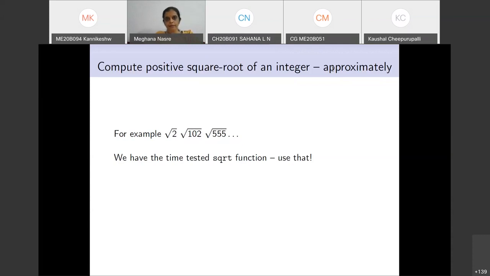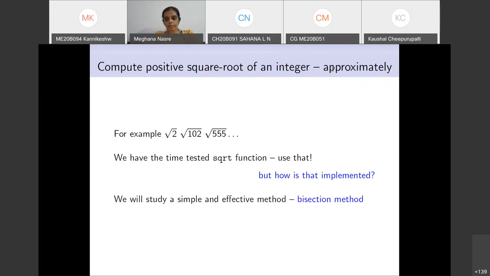As I said, we have this time-tested SQRT function that the library has made available for us. But we would like to see what could possibly be an implementation. We are not saying that this is the implementation, but we'll study a simple and effective method called the bisection method, which will allow us to approximately compute the square root, and it will also allow us to decide how close we want to go to that approximation.